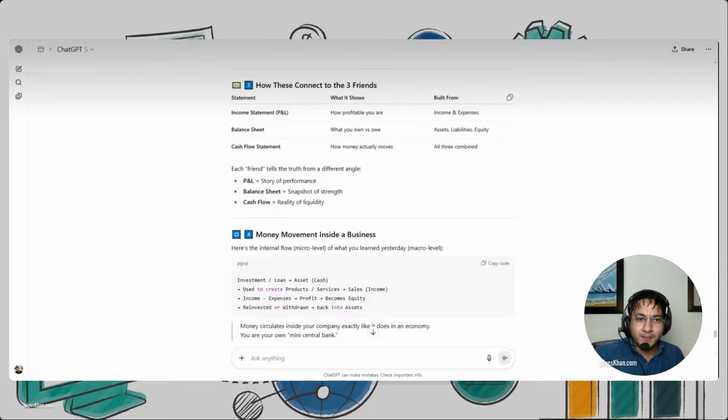So that's the thing. The cash flow statement shows how money actually moves, all combined together. This is very interesting. So there's the key. Got it.